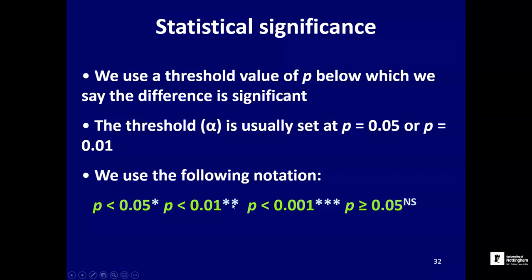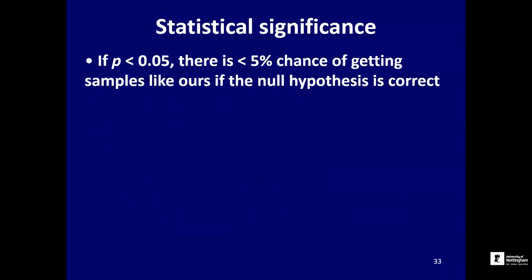Sometimes we give it a double asterisk if it falls below the 0.01 threshold, and a triple asterisk if the probability is less than 1 in 1,000. And you'll sometimes see NS written to mean not significant if the p-value is greater than or equal to your alpha value, your threshold, which is typically 0.05. So hopefully that explains that kind of notation, which you're going to see time and again in scientific analysis.